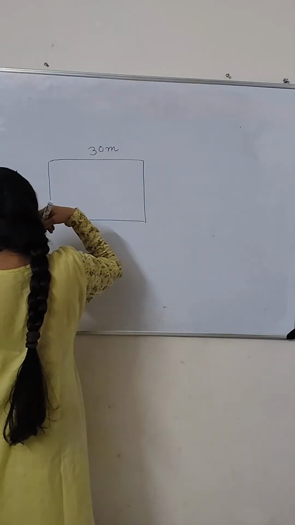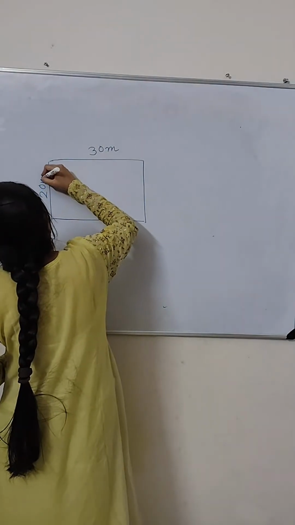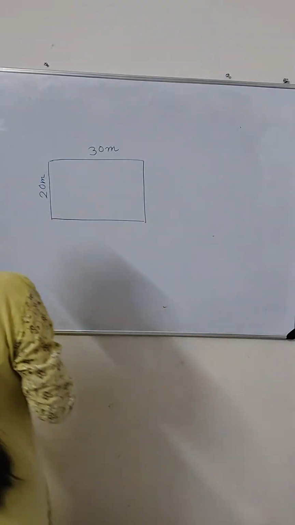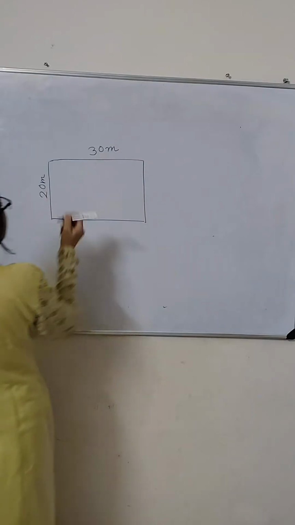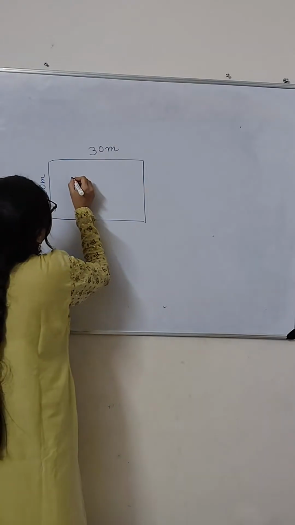And there is 20 meter. It is a rectangle field. After that, what happened? One more rectangle field inside.